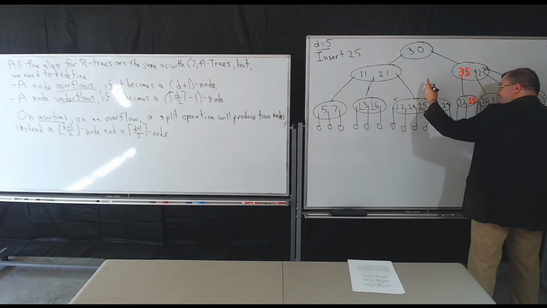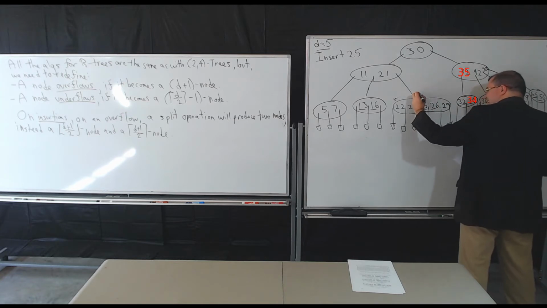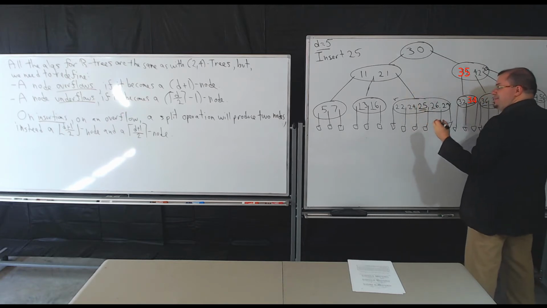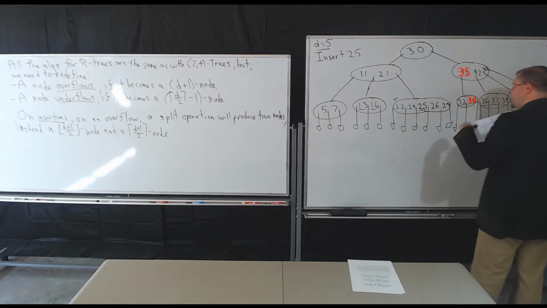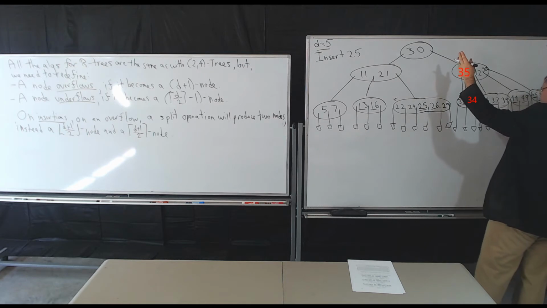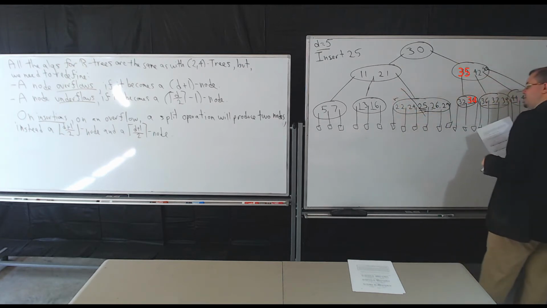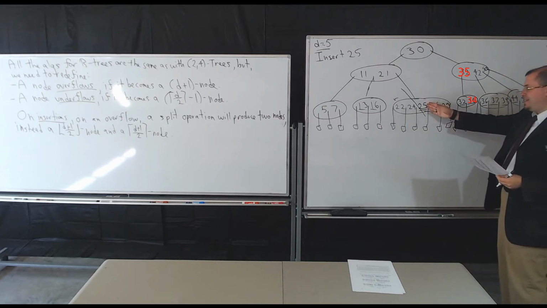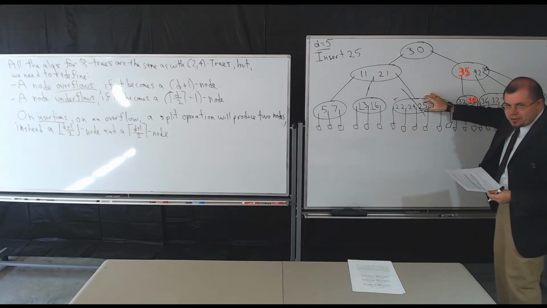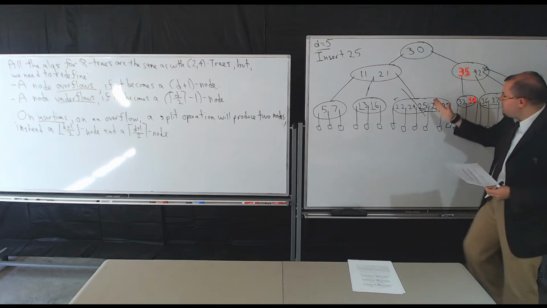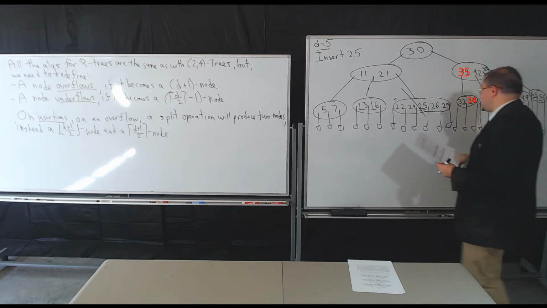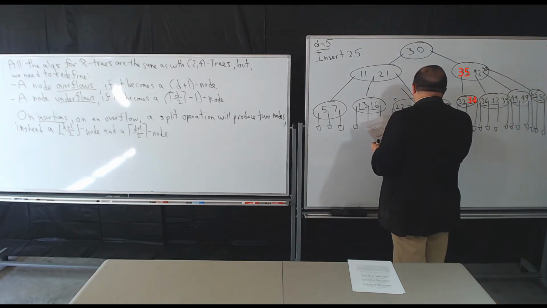So what do we do? What did split say to do? We split about the middle. We're going to split right about here. So that's about the middle. In fact, this is the middle. So I bring up 25 and I split this into 2 nodes. 25 goes up to the parent.